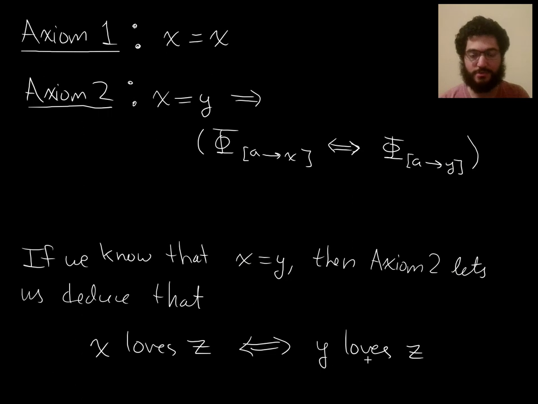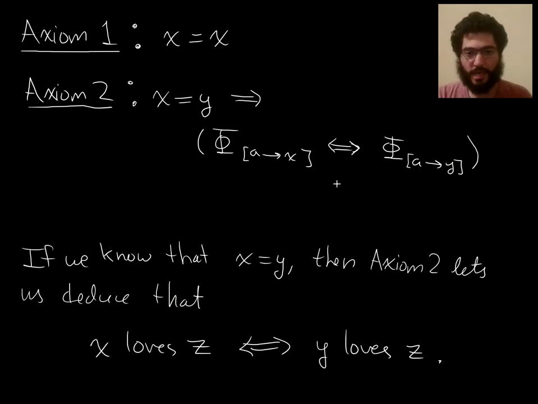Hopefully that's intuitive, that that's how equality should work. If x and y are equal, then we think of them as the same, we're identifying them. So x loves z should be logically equivalent to y loves z. If x and y refer to the same thing, then x's loving z should be linked in truth to y's loving z. They should be true or false together.